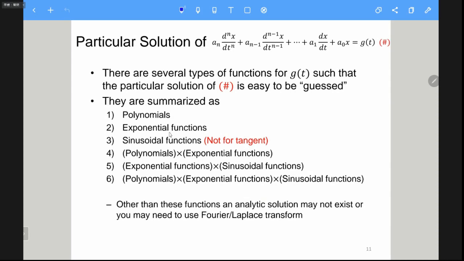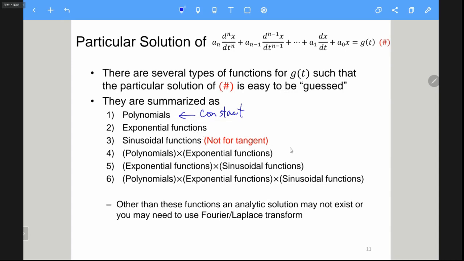I think the most useful case is something like a polynomial, or an even more specific type, a constant on the right side, just like a DC source. Exponential function is not necessarily useful, but still useful.